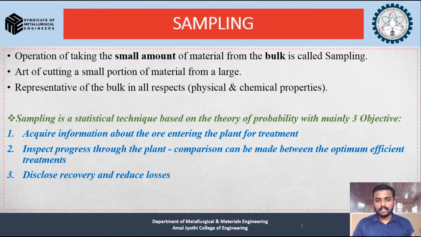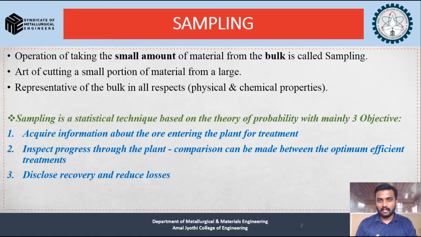The second point is to inspect the progress through the plant, and comparison can be made with the optimum efficient treatment. Compared with the example I gave earlier, if you are going to try a new cake, you will have some idea from your previous experience of how the cake should taste.